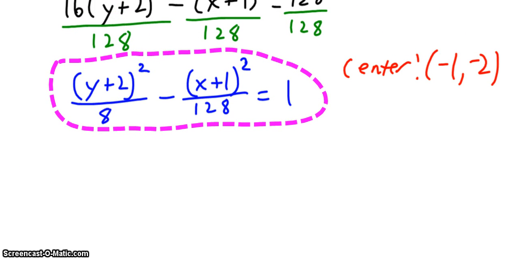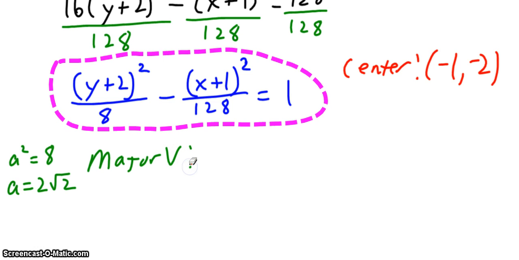I see that a squared is 8, so a is 2 root 2. So I know my major vertices are going to be based off of the y value.